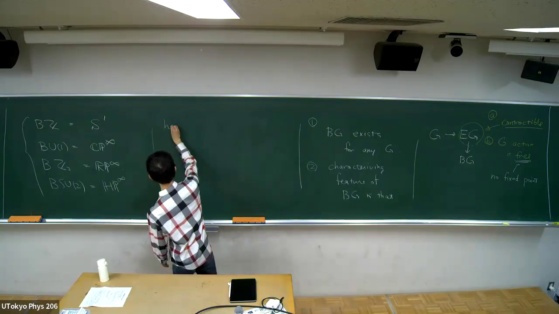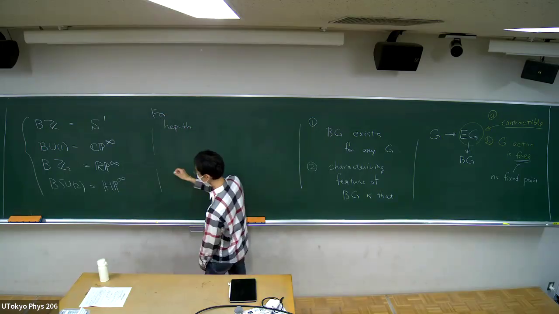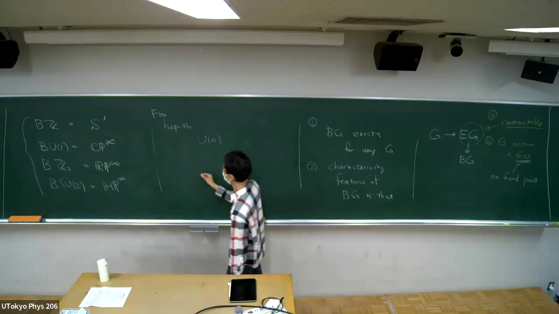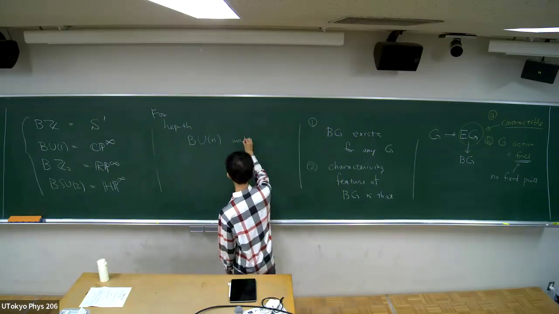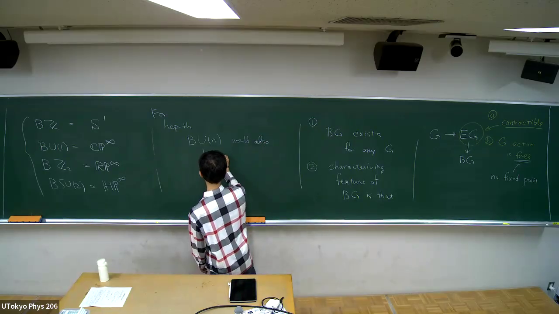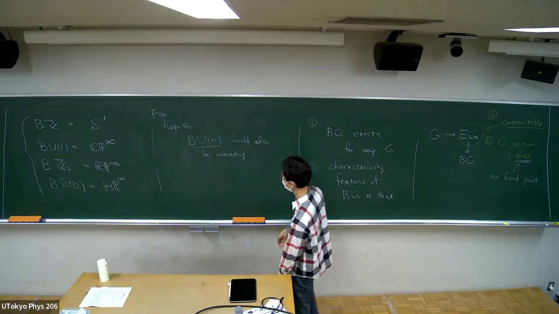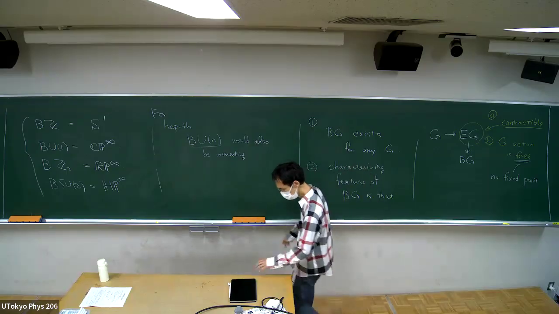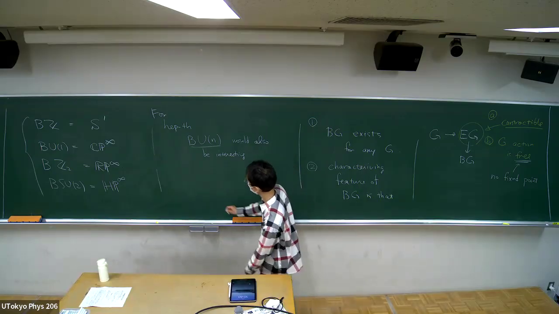And for HEP-TH purposes, the group UN is very important. So BUN would also be interesting. And this has a very nice explicit geometric realization, but I will postpone the discussion in view of time.